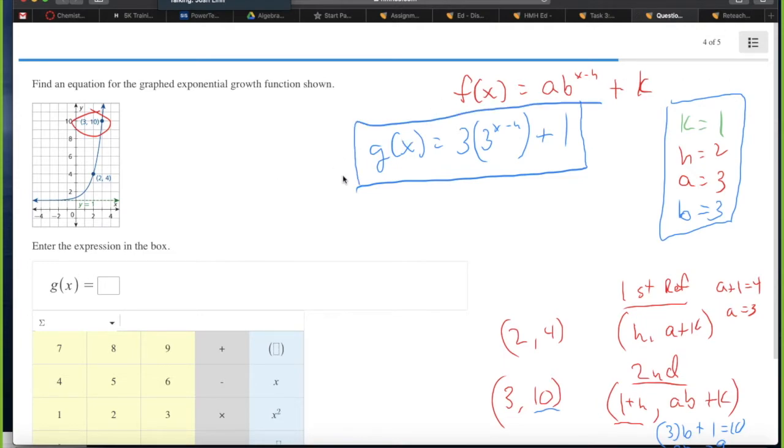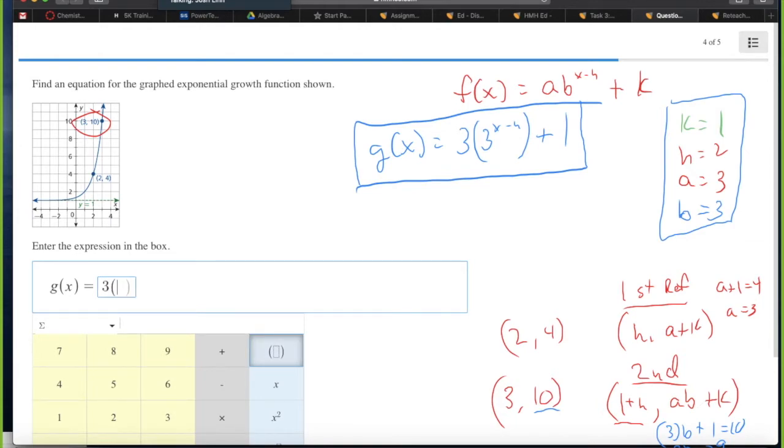Trust me, I tried it every single way with that other chart, and I couldn't figure it out. But once I found that different chart using those different reference points, all of a sudden it was too easy, right? So let's type this in.